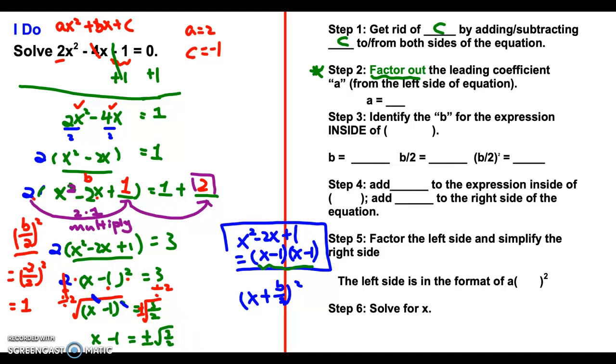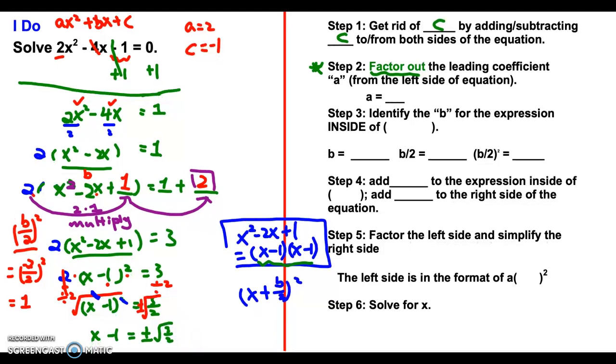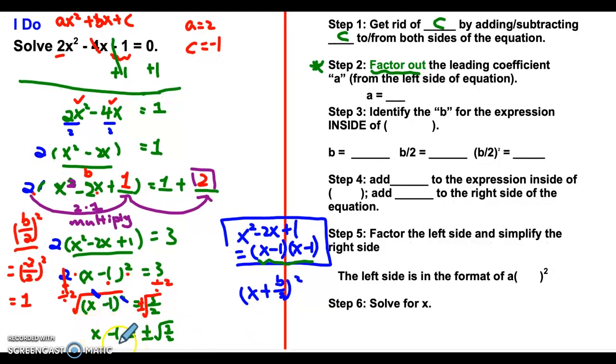Okay. Very good. Now, one more step. I want to add 1 to both sides. Why? Remember, I want x by itself, right? Then x becomes alone. That's what we need.